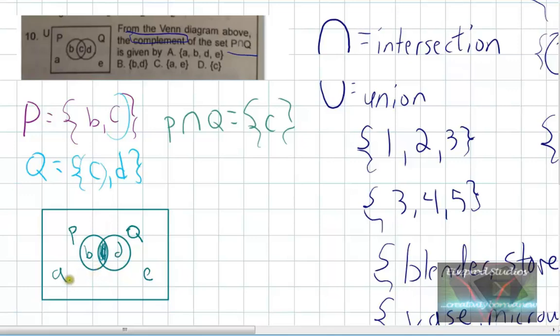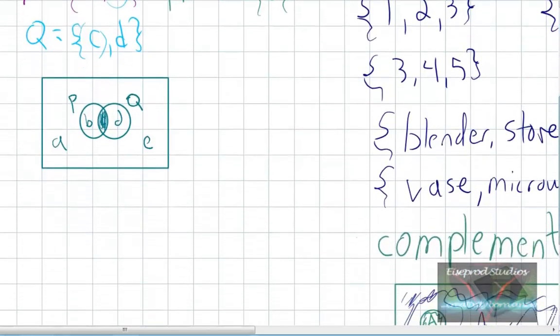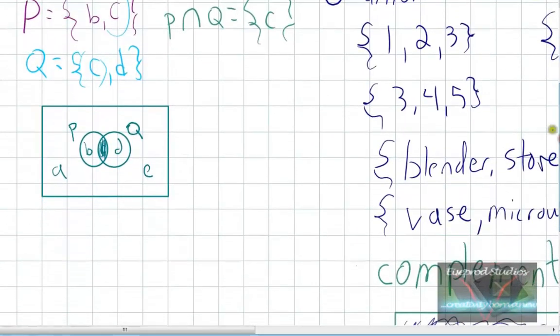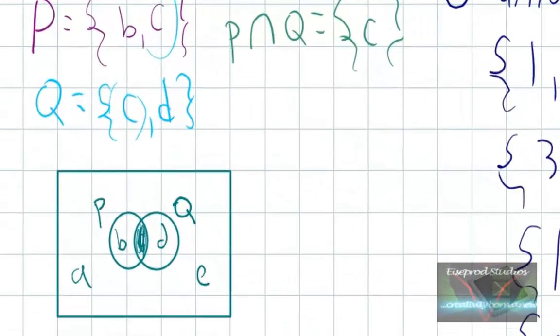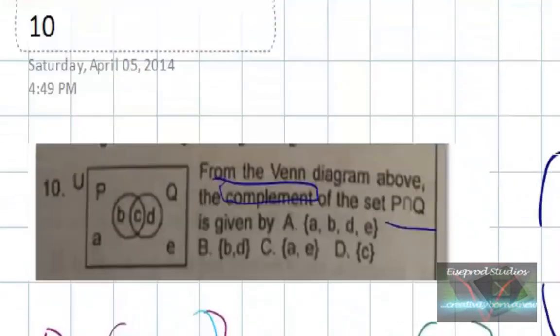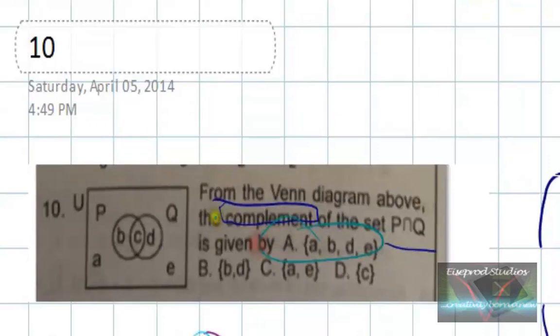We also have to include A and E, because that also fills up the rest of the rectangle. P and Q aren't points of interest, they're just labels for these circles, so we don't include them. So the complement of P intersection Q would be the set A, B, D, and E. And that's the answer.